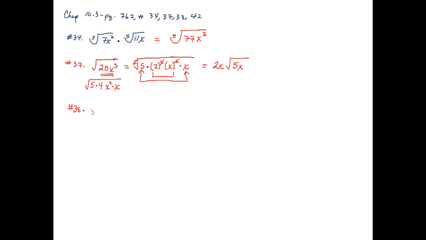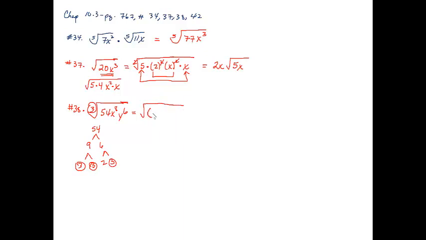Then number 38, I have the cube root of 54, x to the 8th, y to the 6th. So again, let's break this up into our powers of 3, because our root is 3. So 54 is like saying 9 times 6, which is like saying 3 times 3, and 2 times 3. So I have 3 written 3 times.